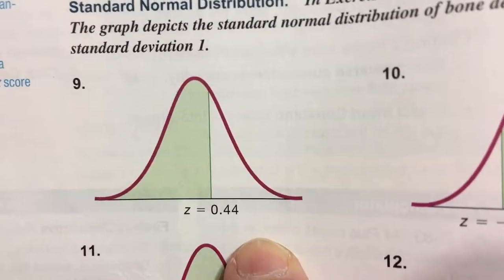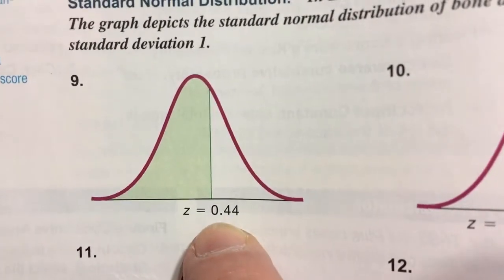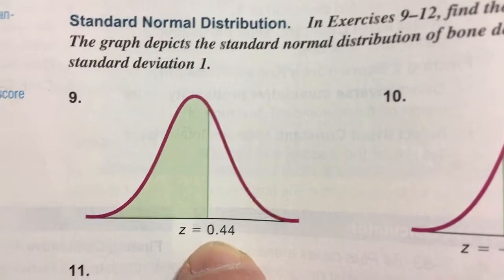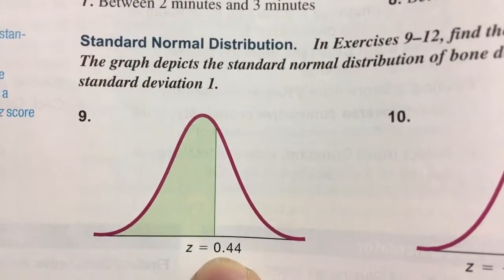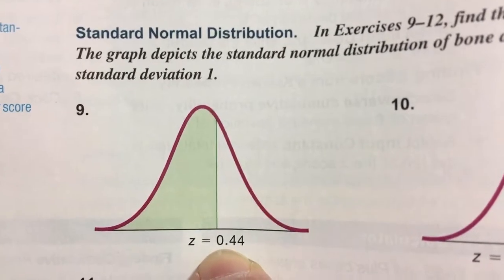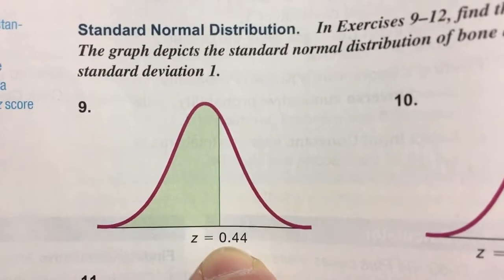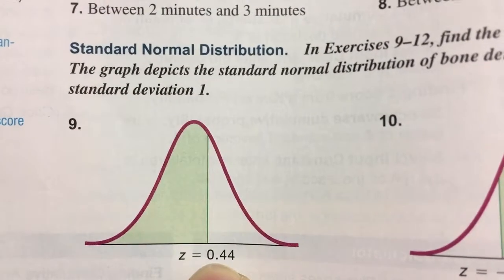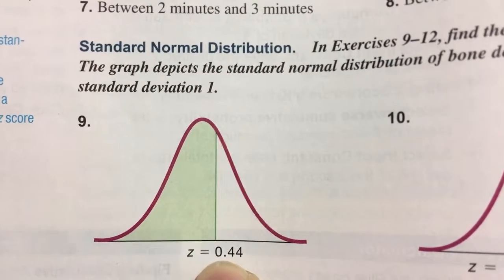So on number 9, we're supposed to find the area under the curve. Remember, the area under the curve is the same thing as the probability of the event to the left of 0.44. But we're just doing area of the curve. They would be the same.